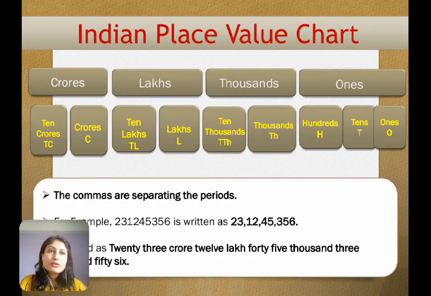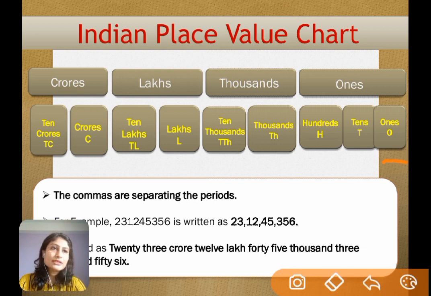Here, Indian place value chart is given, and to remember this chart, you need to refer from left hand side. That means from ones, tens, hundreds, thousands, 10,000s, lakhs, 10 lakhs, crores and 10 crores.